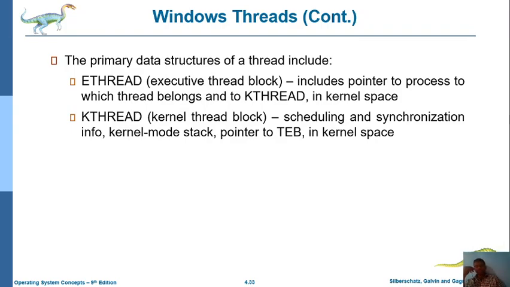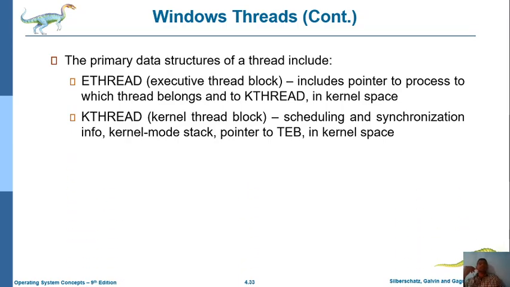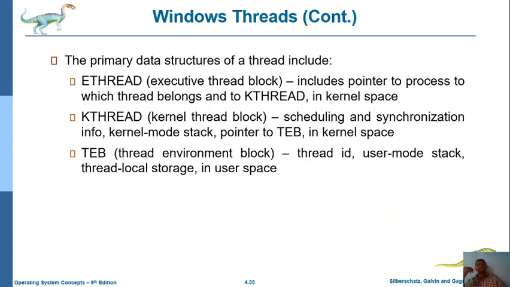And the pointer to the TEB. TEB indicates thread environment block, so it references the thread environment block. This kind of information is the responsibility or functionality of the K thread.